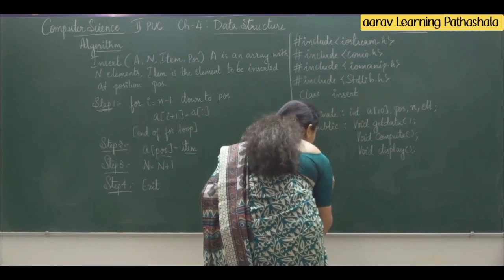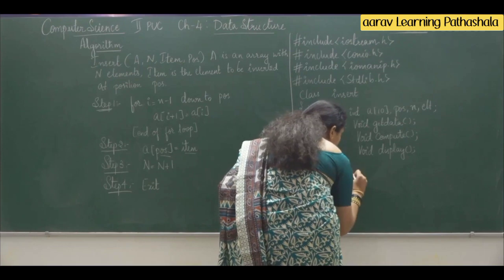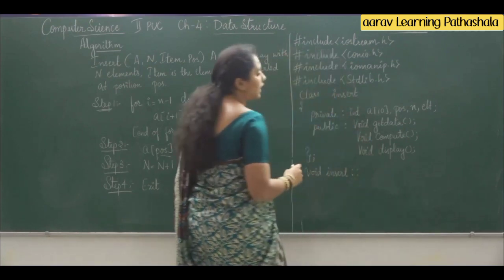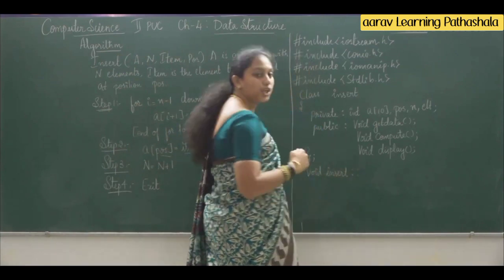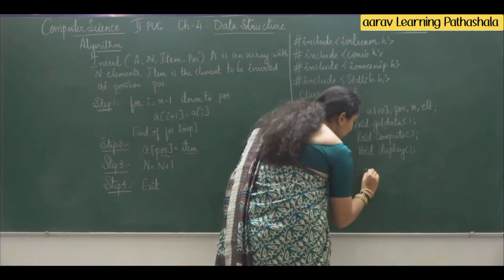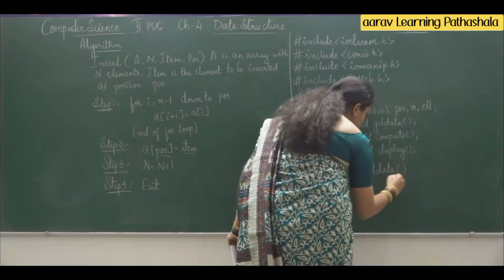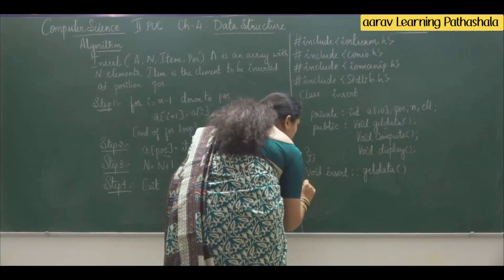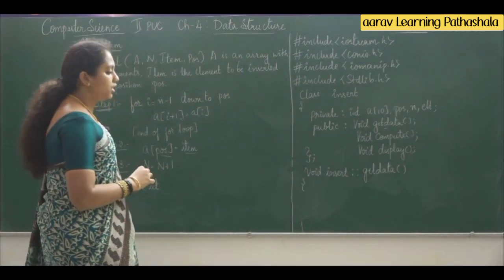Void insert. So I am defining the function outside the class. So I am using this scope resolution operator. So what is the first function? That is get data function. So what are the required information?